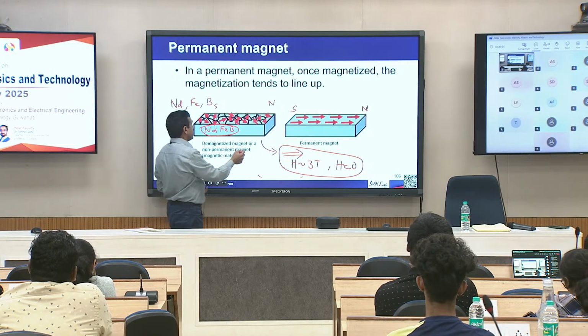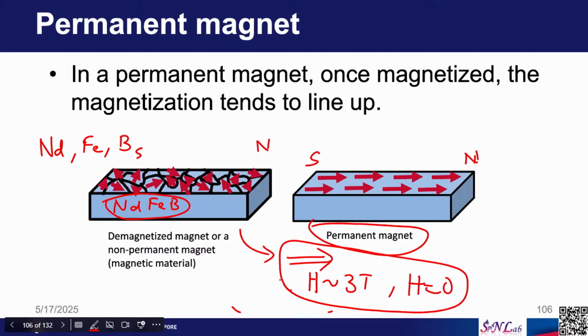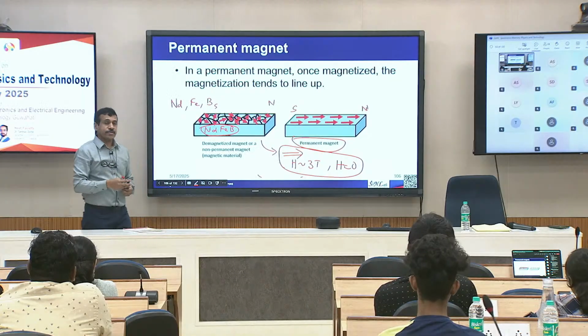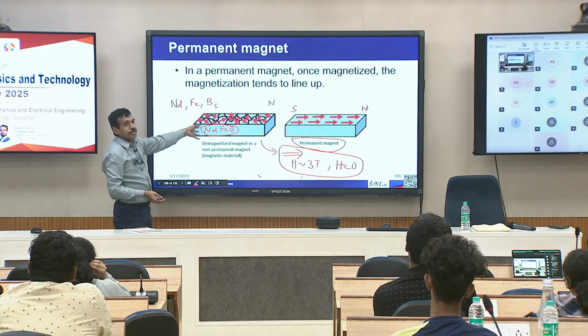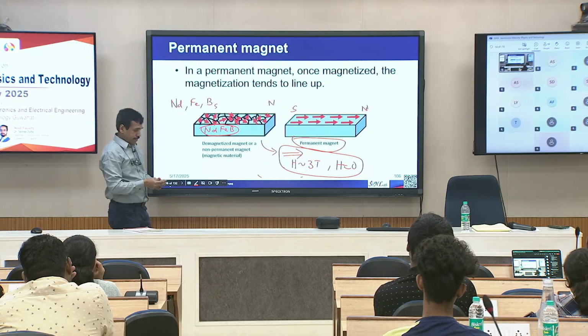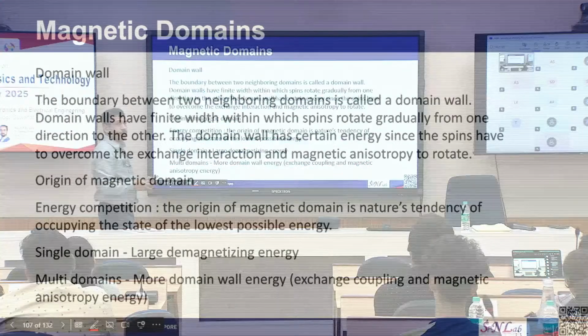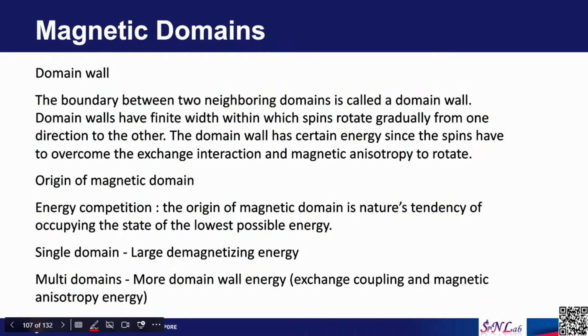So, now you have a permanent magnet. Why does a freshly prepared piece of neodymium iron boron have magnetization in random directions? What causes this randomness? That is what we are going to learn now. That brings us to the concept of magnetic domains.